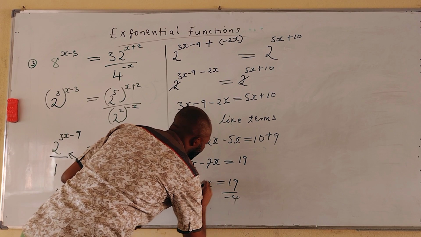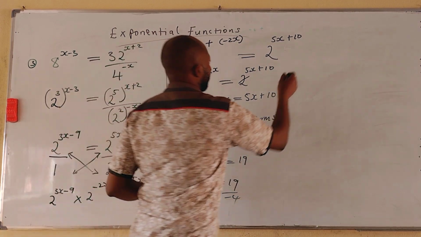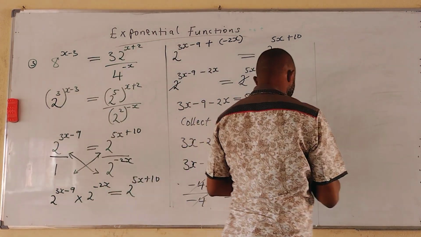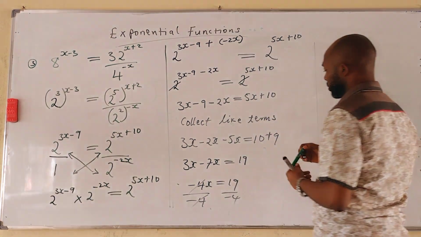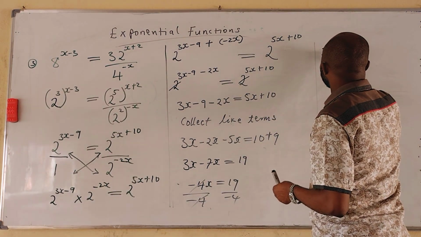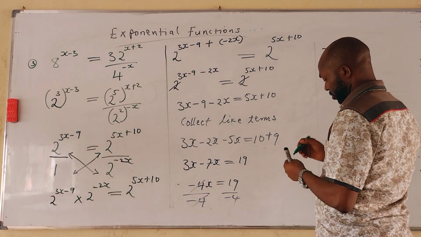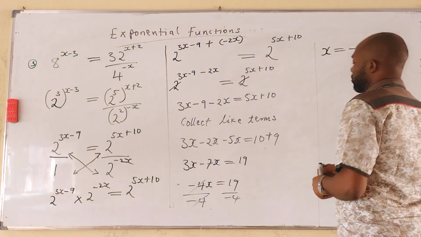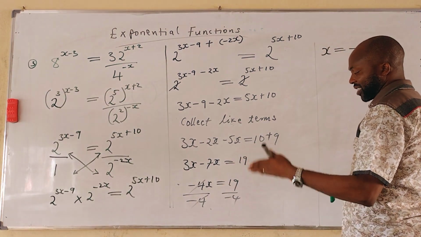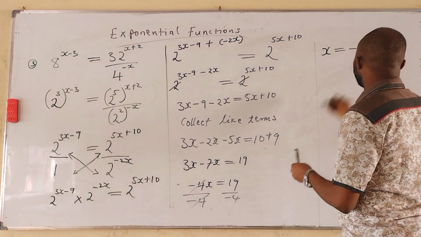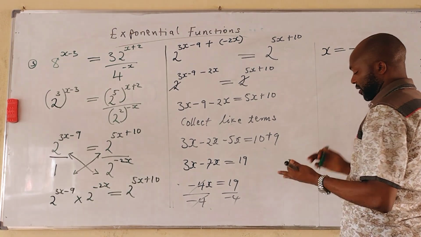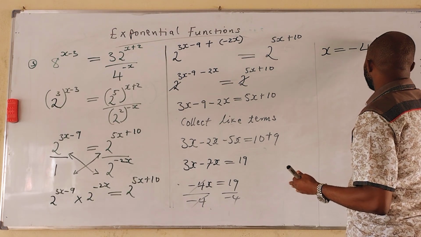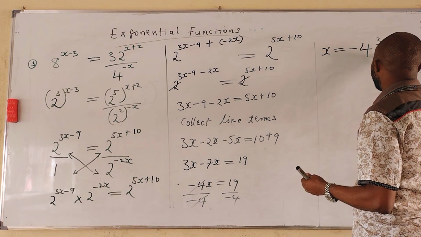This will cancel this. x equals minus 4, 4s are 16, 17, 18, 19. Remainder 3 over 4.